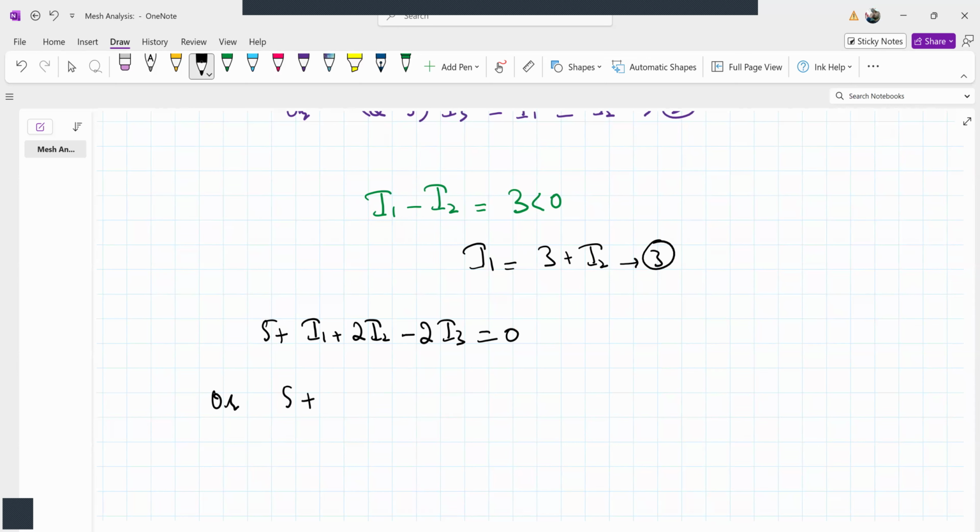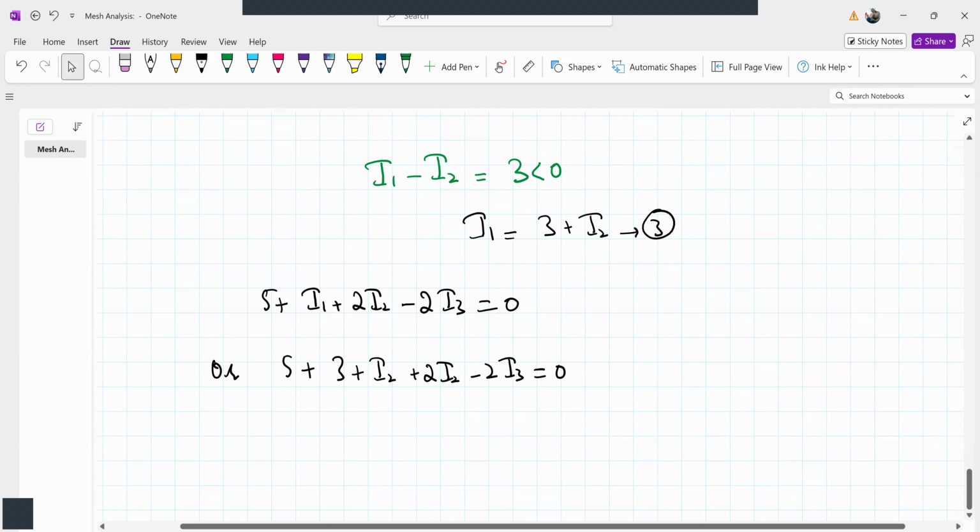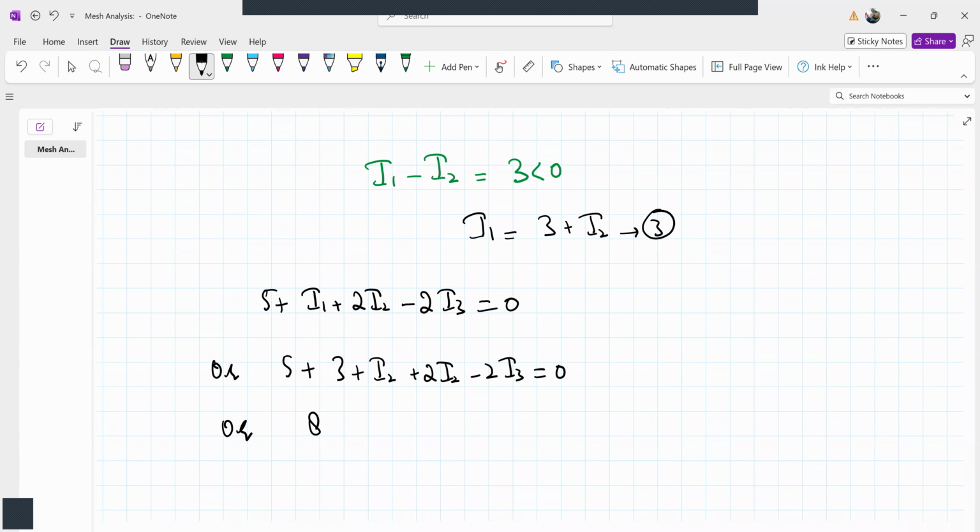Equation 1 is written here. I1 is 3 plus I2, plus 2I2 minus 2I3 is equal to 0. So this gives us, I hope I have written this correctly, 8 plus 3I2 minus 2I3 is equal to 0. Now we'll call this equation 4.